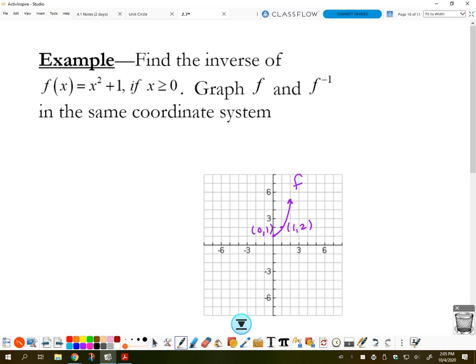So (0, 1) is going to become (1, 0), and (1, 2) is going to become (2, 1). And it's going to make the reflection of that, so it's going to go something like this, which makes it the reflection over y equals x. You don't have to draw y equals x in there; I'm just doing it to make the point.